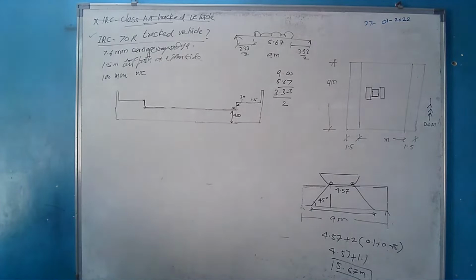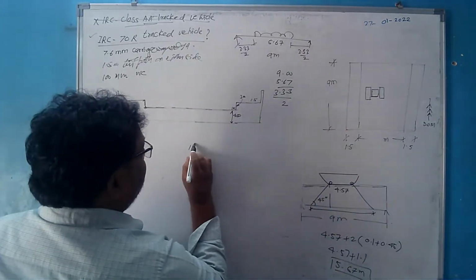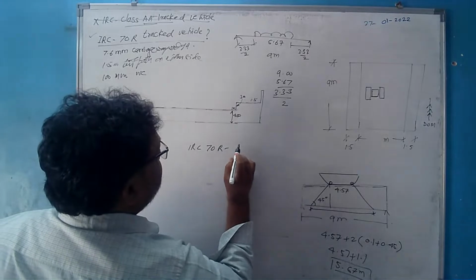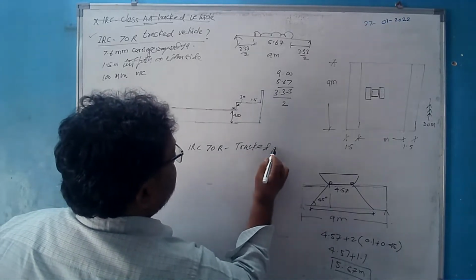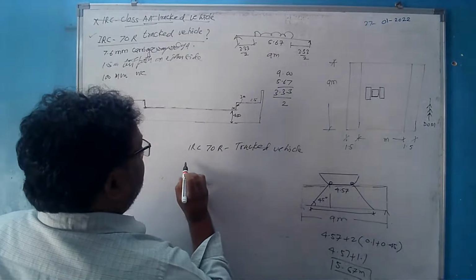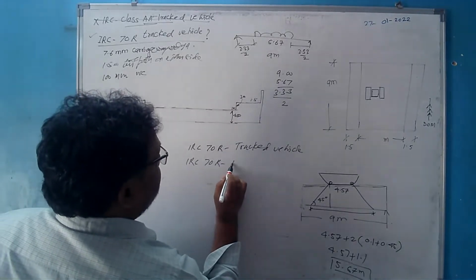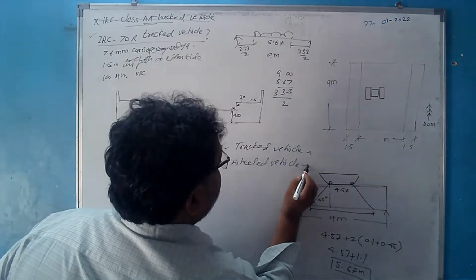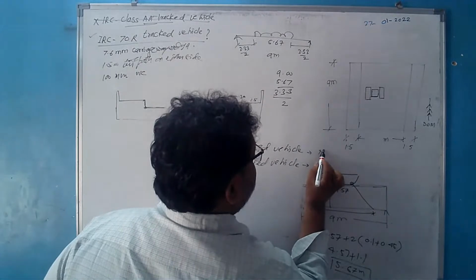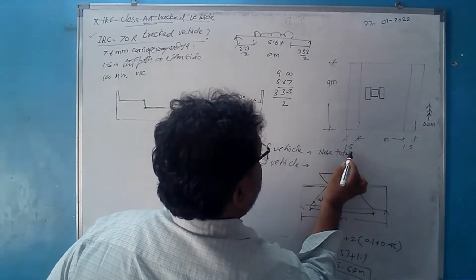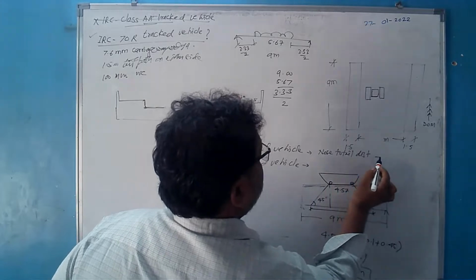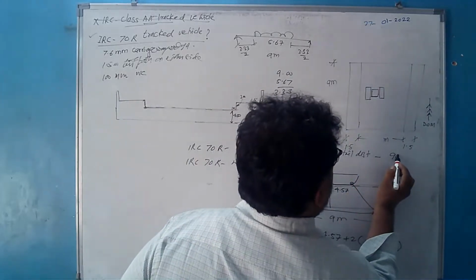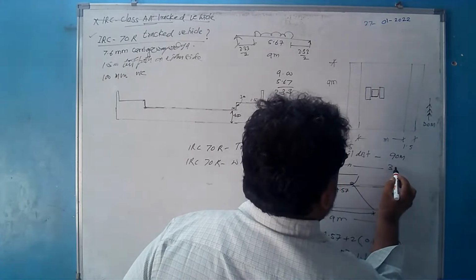For wheeled vehicle, spacing between the successive vehicles shall not be less than 30 meter. If it is IRC 70R tracked vehicle, how much should the nose to tail distance be? Minimum must be 90 meter. For wheeled vehicle, the nose to tail distance minimum must be 30 meter.